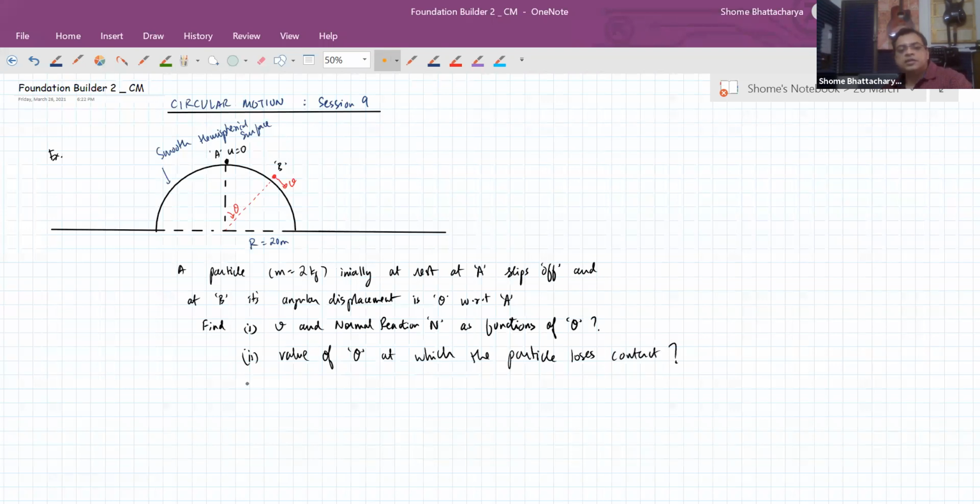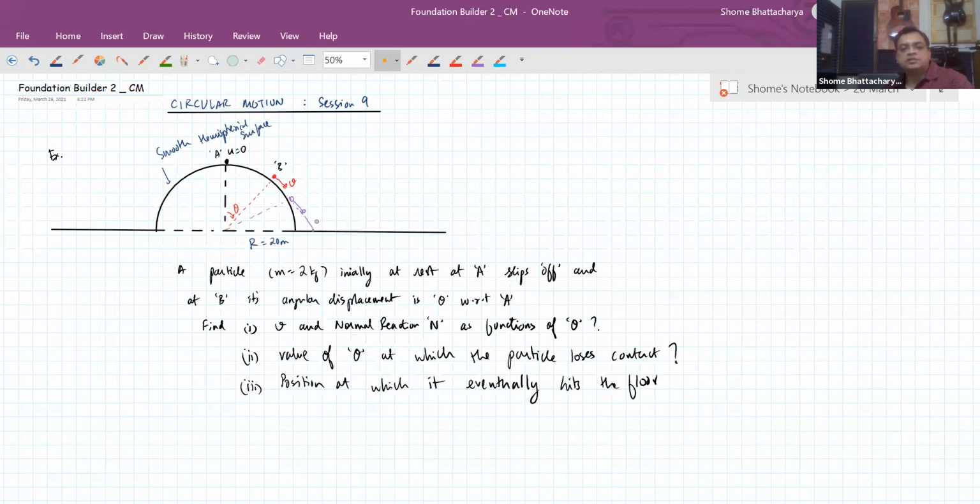Okay. And then the position at which it eventually hits the floor. So, somewhere here, if the particle loses contact with the surface, and then it goes into a projectile motion.